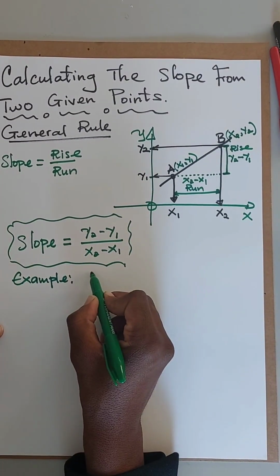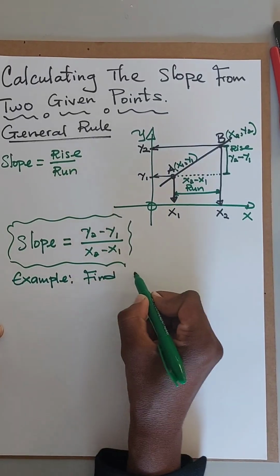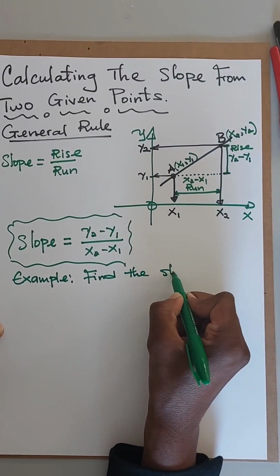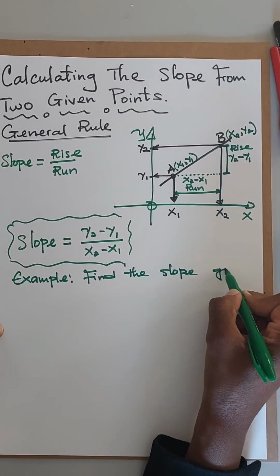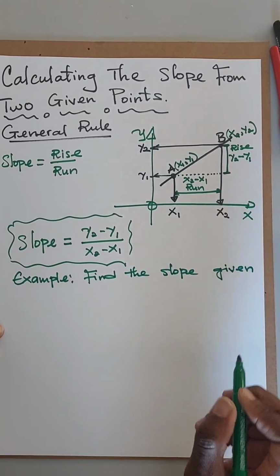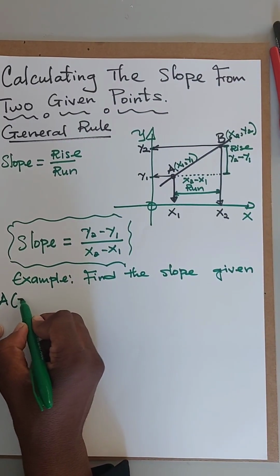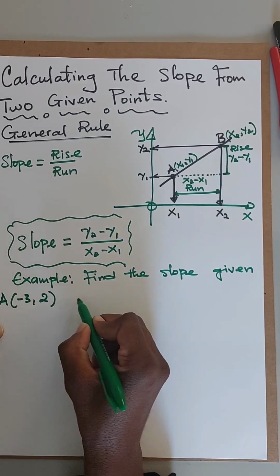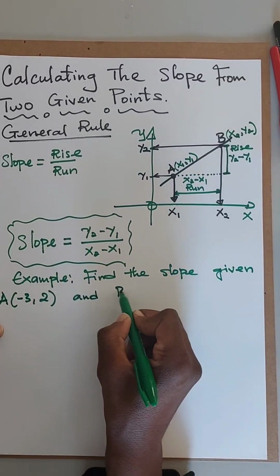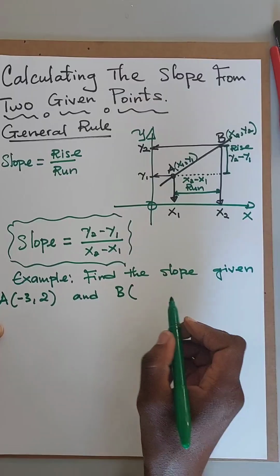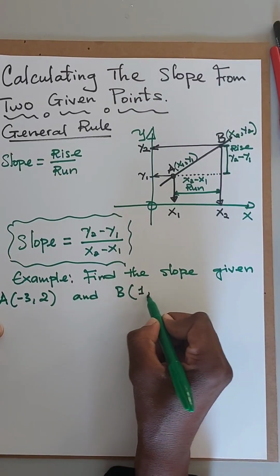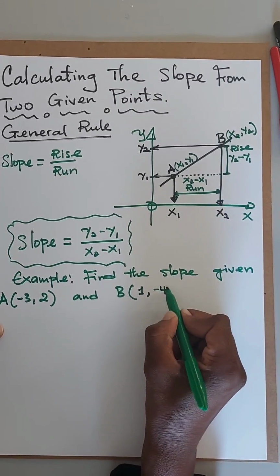So let's find the slope given the points. Now let's give actual numbers to the points A and B. So let's find the slope given the point A, (-3, 2), and B, a point with coordinates (1, -4).